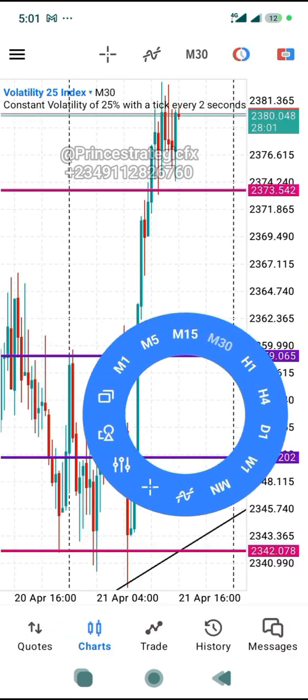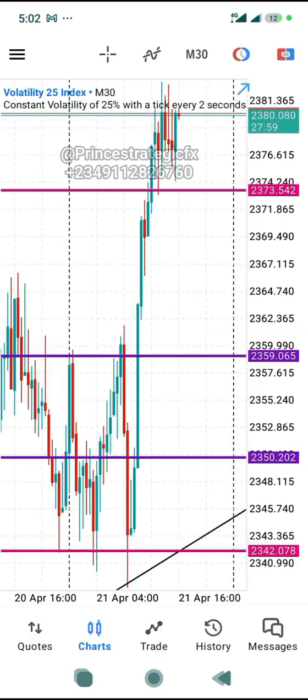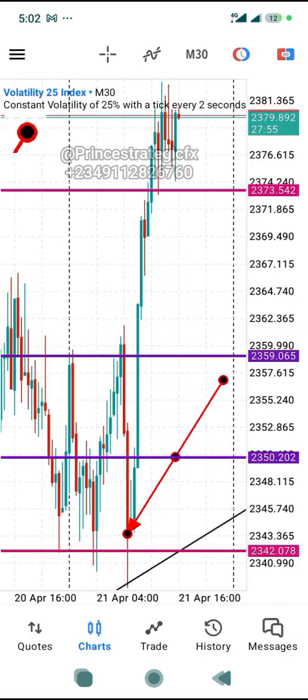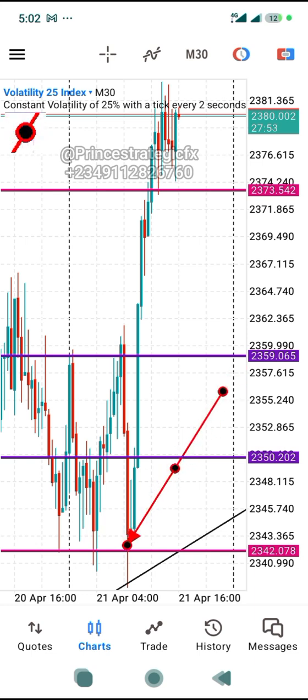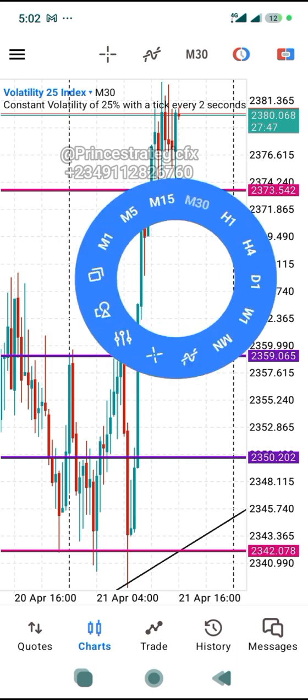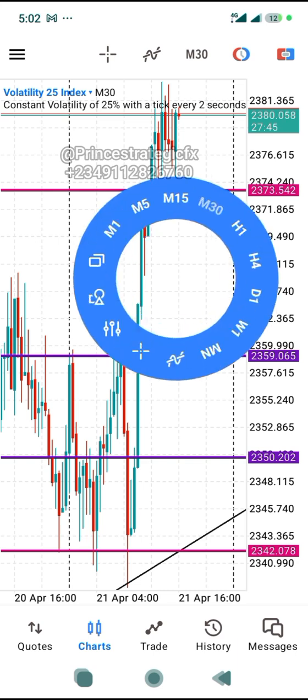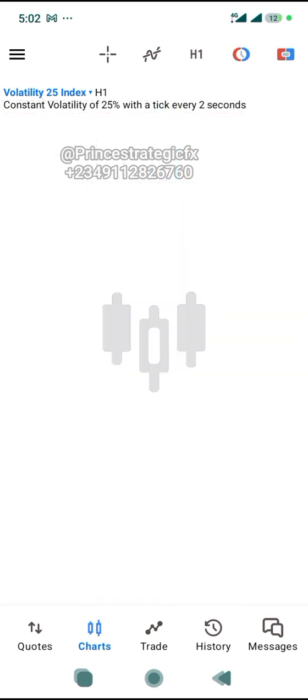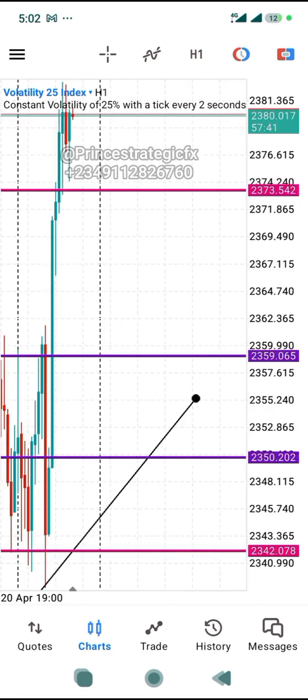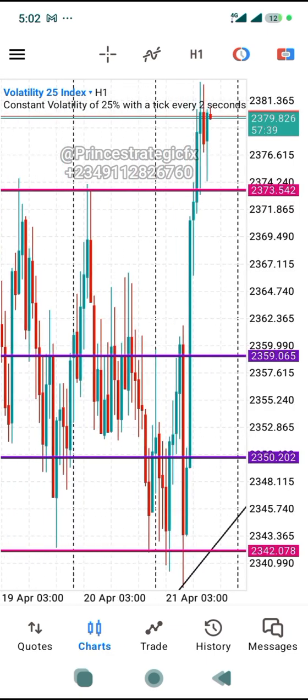You can actually start taking your trade from here, immediately from that particular spot right there. You can start taking your trade right there. To see this particular chart clearly, just head over to H1 and everything will be clearer to you.